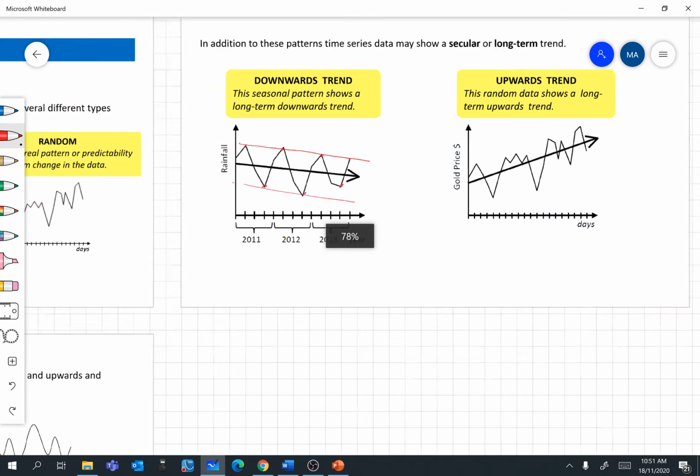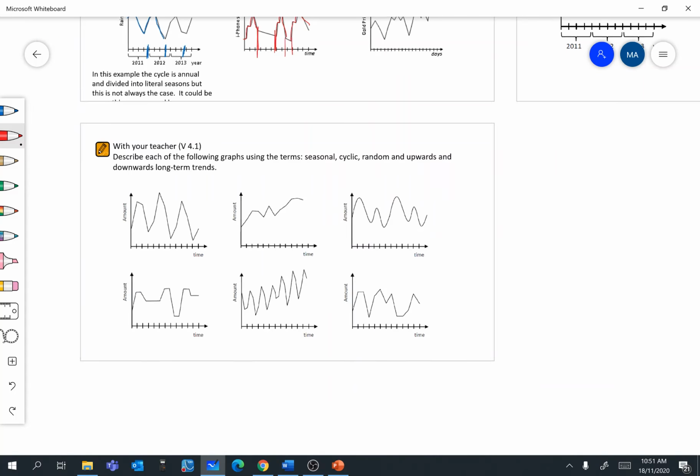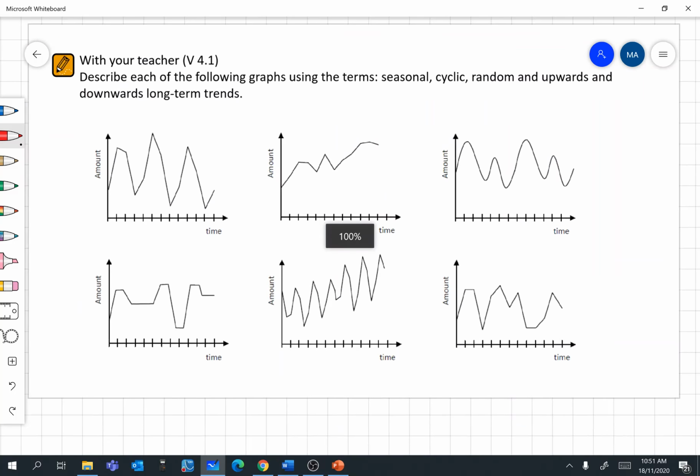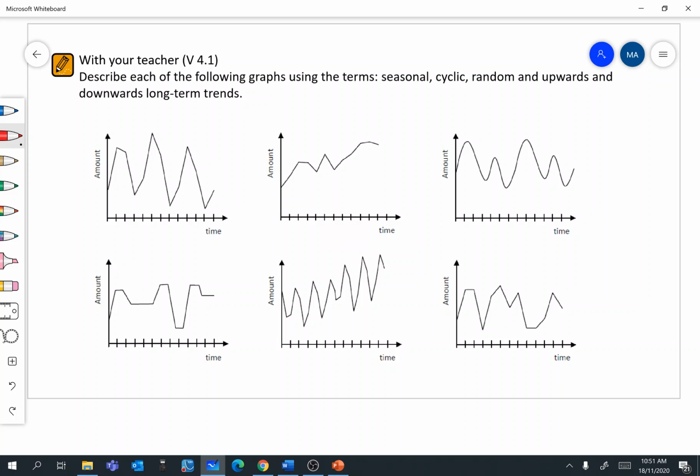Right, so I'm going to leave this with you. You can pause the video at this stage and see if you can identify the time series trends. If you thought it was a seasonal trend, you would label it seasonal, and then you've got to decide whether it's upwards or downwards. So you need to pick one from this list for each graph.